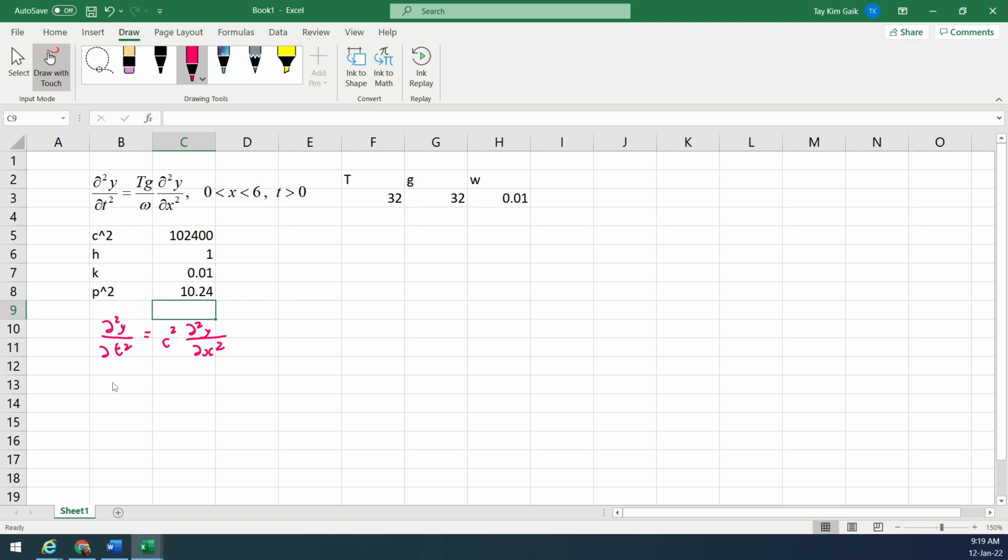For del 2y del t2, using 3-point central difference, y differentiated with respect to t, where x is discretized using i and y is discretized using j.